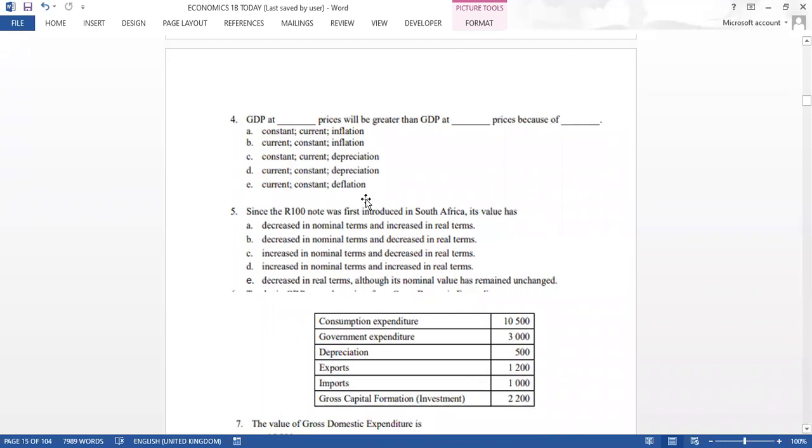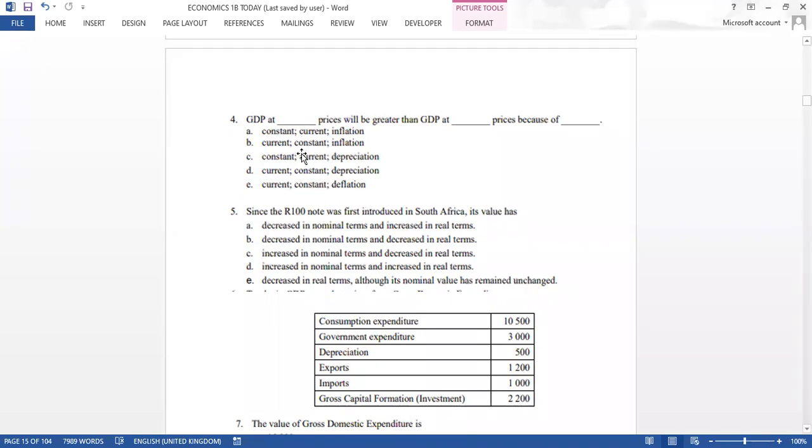Then number 4 is stating that GDP at dash prices will be greater than GDP at dash prices because of. So we talked about GDP at constant prices and GDP at current market prices. We said at constant prices is the real GDP based on a base year perspective. At current prices is the nominal GDP based on current prices. So the difference between constant and current prices usually comes as a result of inflation.